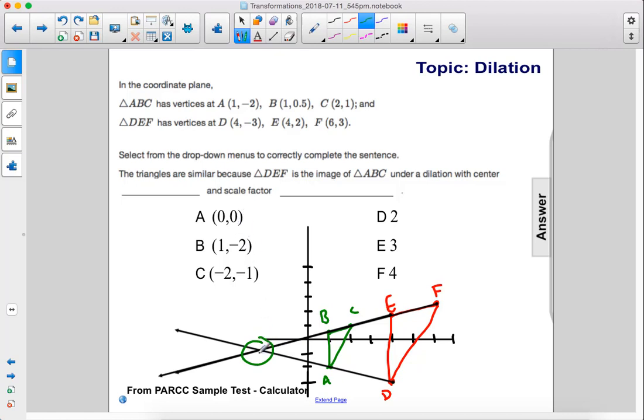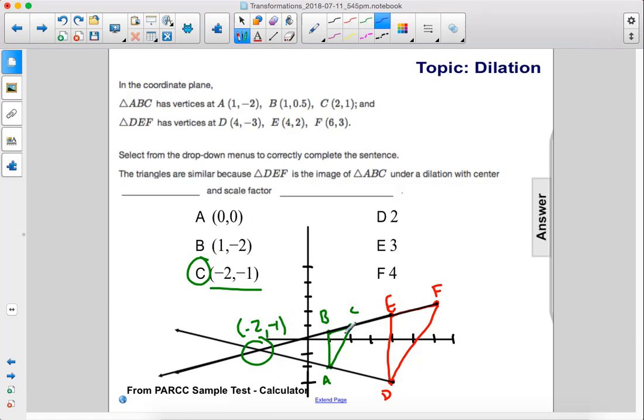It's hard to visualize exactly, because this is just a sketch, but here we have a couple options. This one, (-2, -1), seems to be the closest one. I would say the answer here is C, (-2, -1).